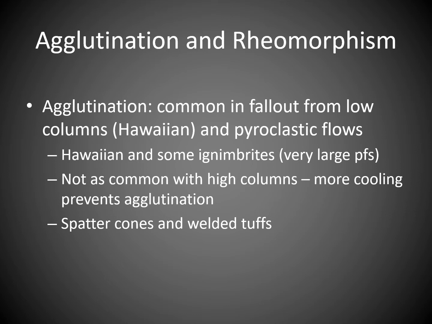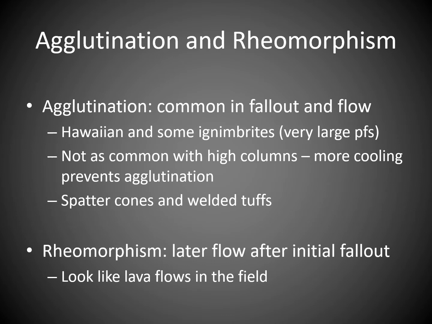Now, from an eruption history standpoint, it's kind of important to know which, because a lava flow eruption requires much different conditions than a big ash flow producing eruption. But yet the products can look really similar after, and you can get lots of arguments about which is which. So again, the rheomorphism, it's flow after the explosive material retains enough heat, congeals itself together, agglutinates, and then moves downhill under gravity.